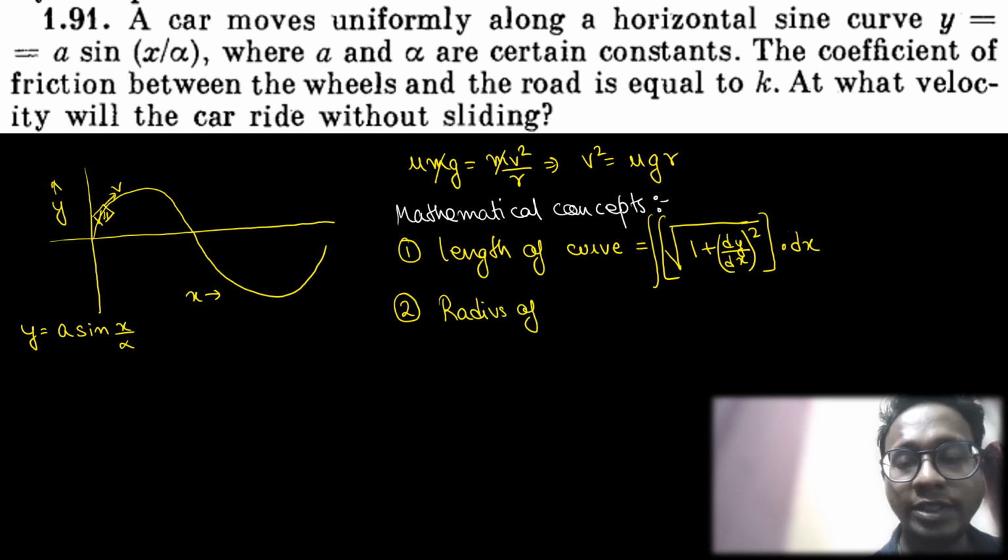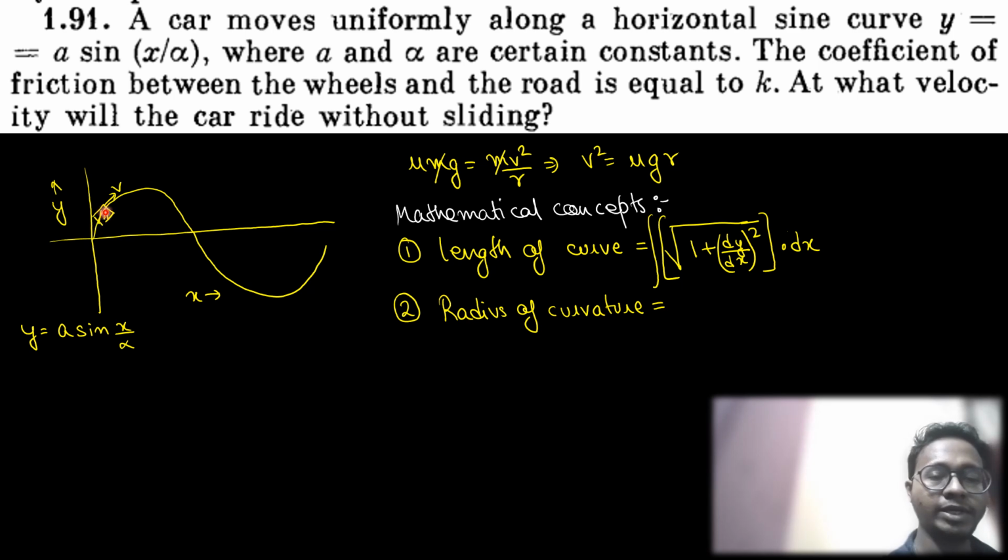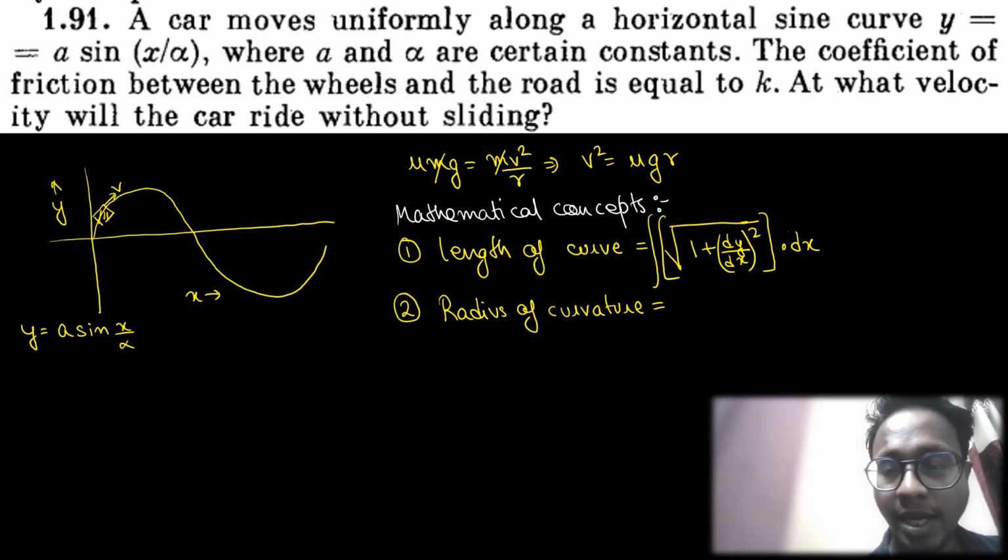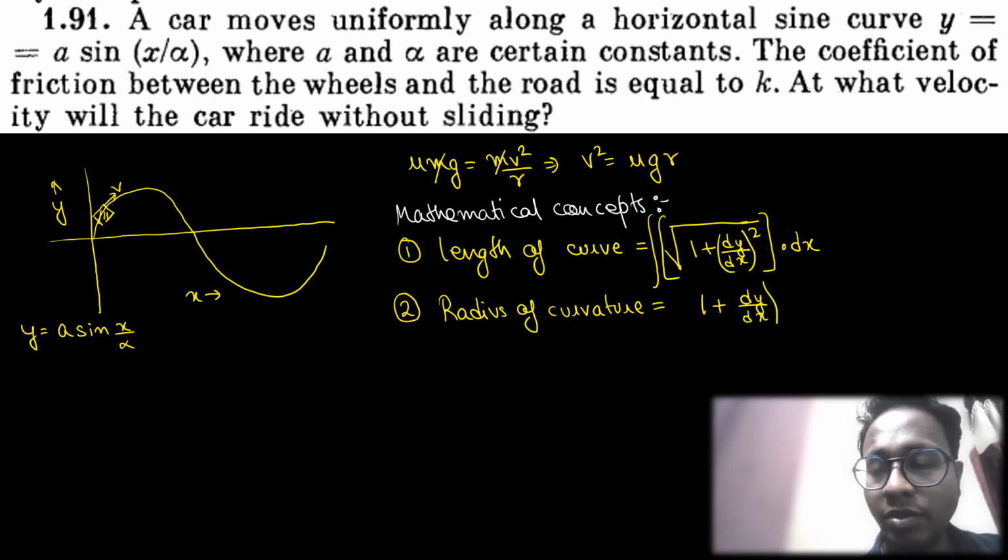The radius of curvature at any point in a mathematical graph is given by the formula r is equal to 1 plus dy by dx whole square, to the power 3 by 2, divided by d square y by dx square, the double differentiation.